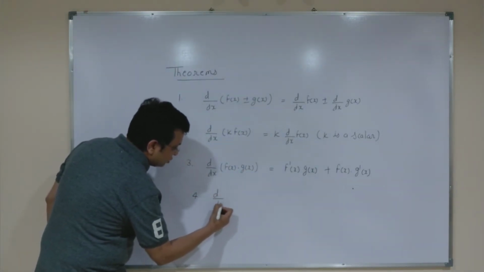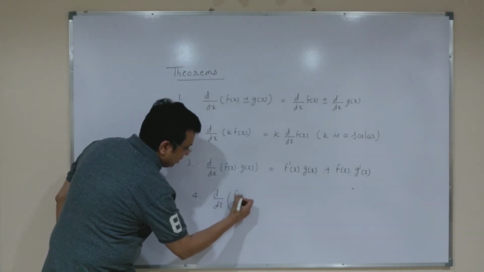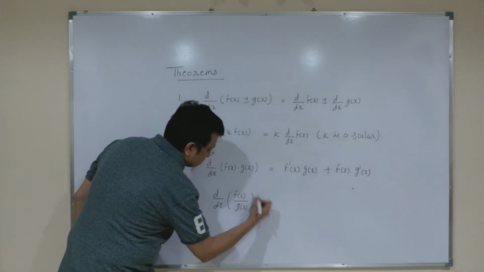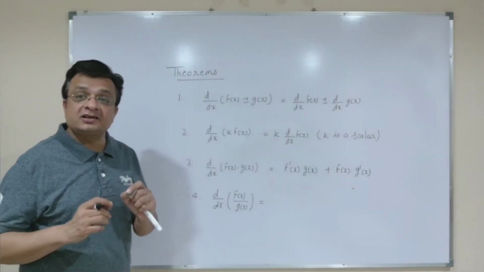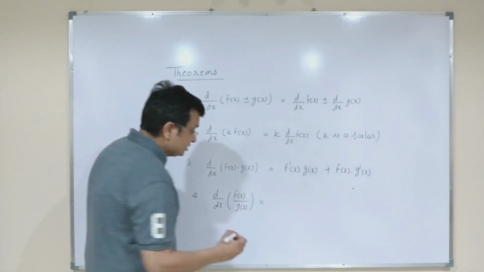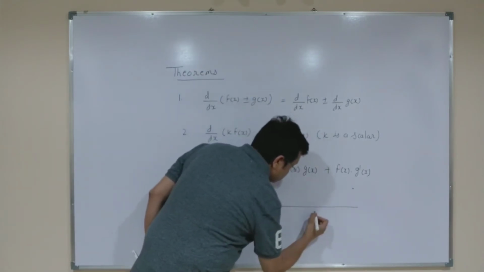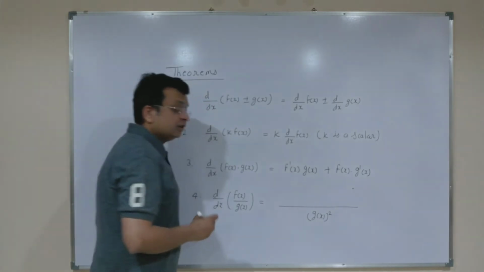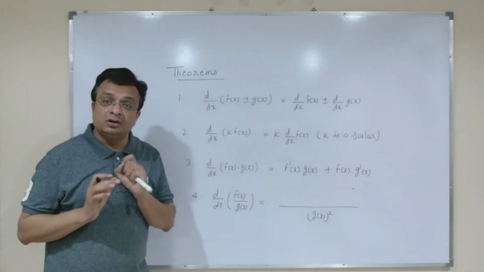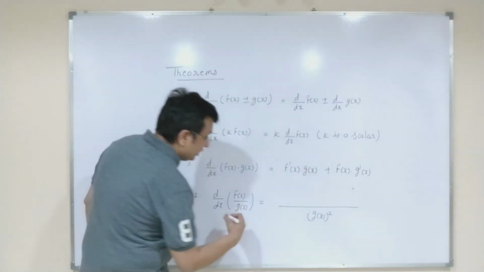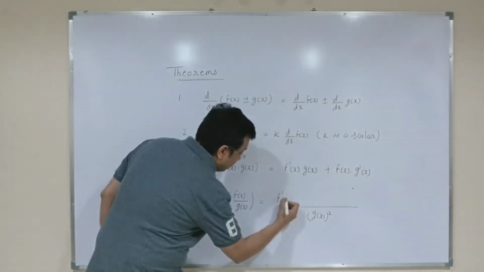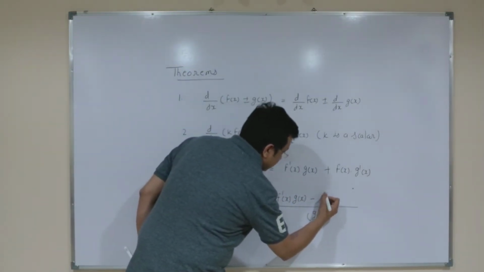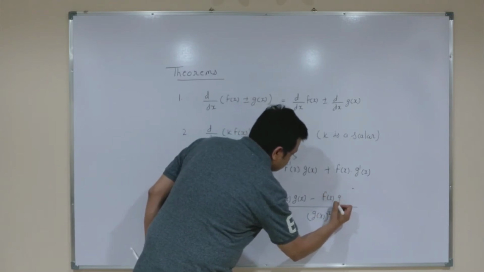Fourth one, d by dx of f x upon g x. In this, the denominator is g x whole square. This is also known as the quotient rule. In the numerator, you should write f dash x into g x minus f x into g dash x.